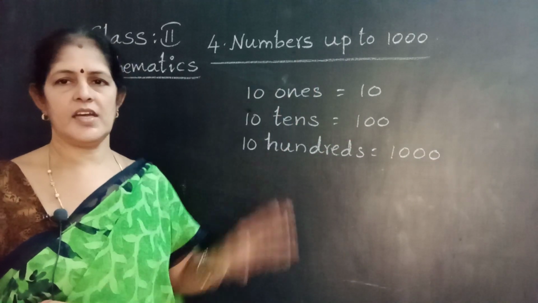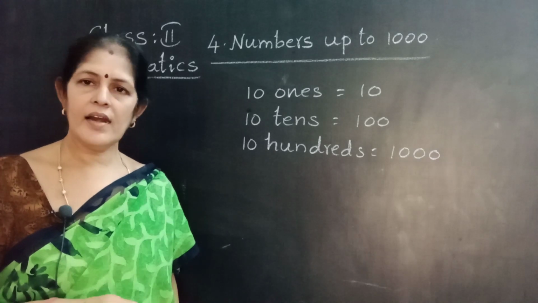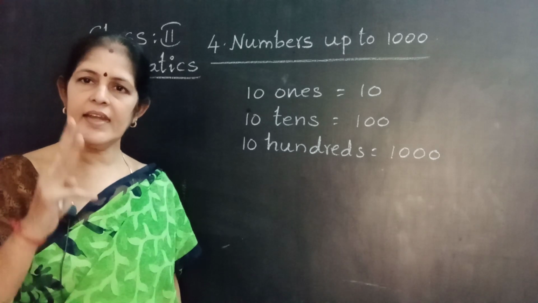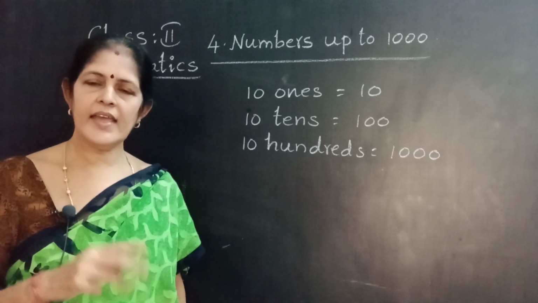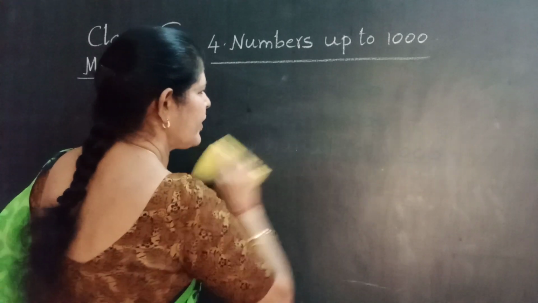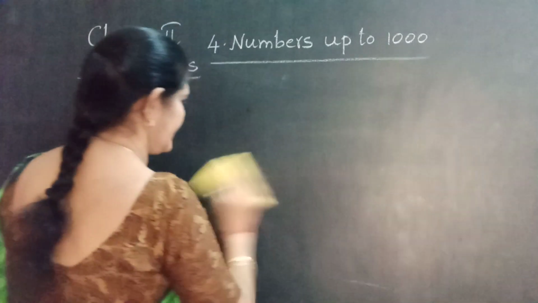In this chapter, we learn all hundreds. That means three-digit numbers. Three-digit means the number having three places.